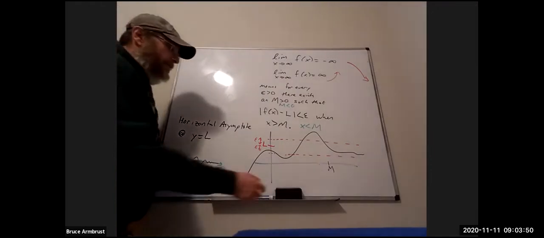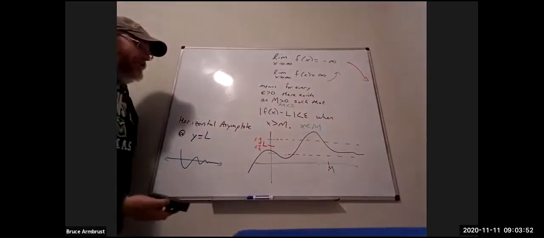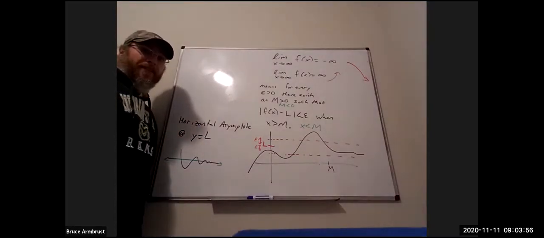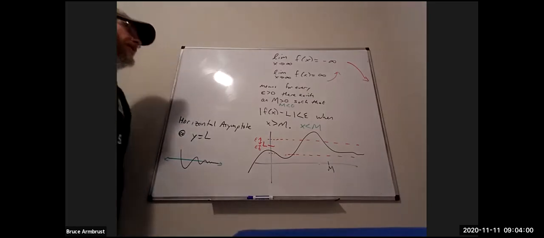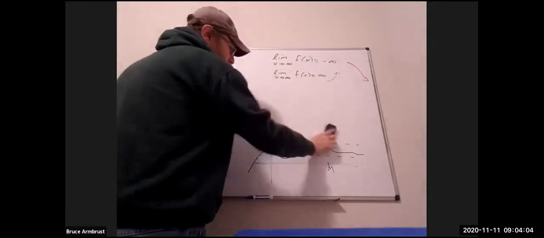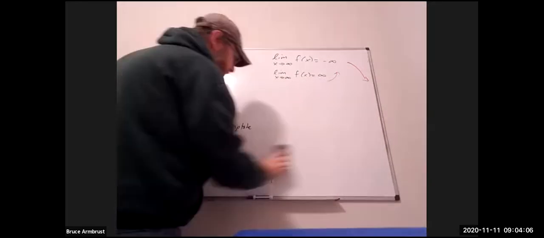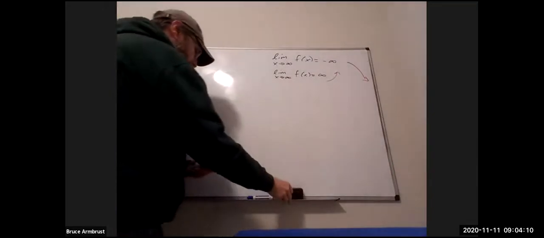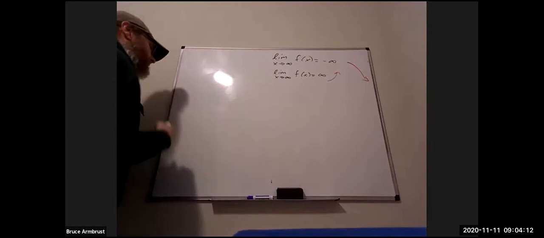All right, so I guess the next question is, how do we find them? How do we figure out what these limits are as we go towards infinity? So I'm going to start you off with an easy one, a real basic function. Let's talk about this guy.